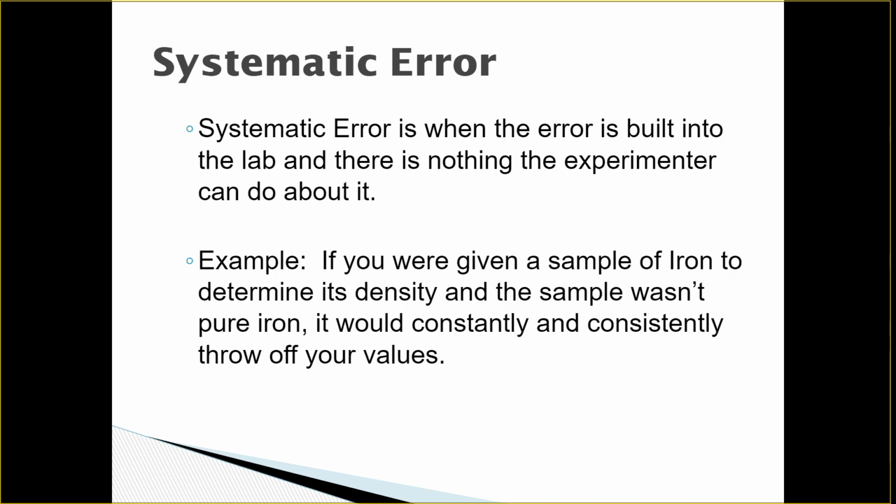For instance, if you were given a sample of iron to determine its density and the sample wasn't pure iron, it would constantly and consistently throw off your values. If I gave you lead and told you it was iron, every single time that you measured the density, your density values would be off. That's systematic error.